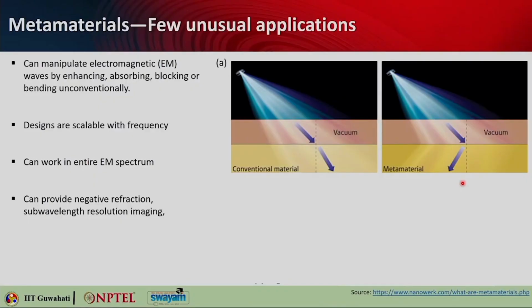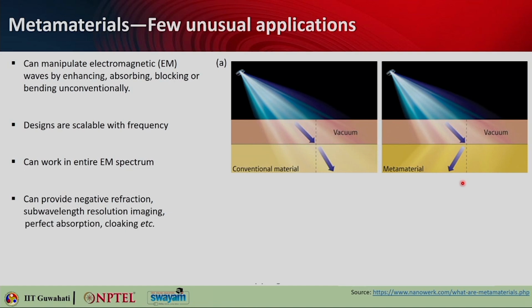Like you can take it from the microwave field and take it to the optical field, because the structure defines the main property, not the constituent materials. Okay, and as you see, negative refraction, sub-wavelength imaging, all these interesting applications are possible with metamaterials.